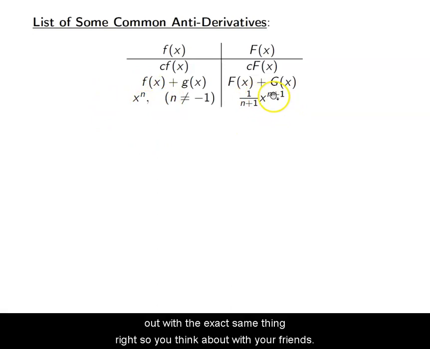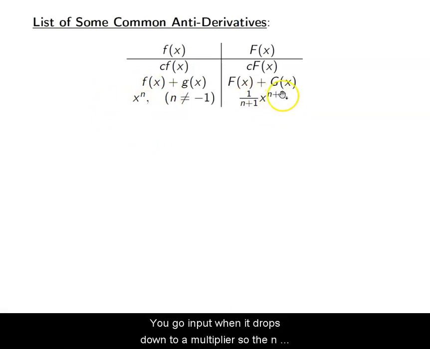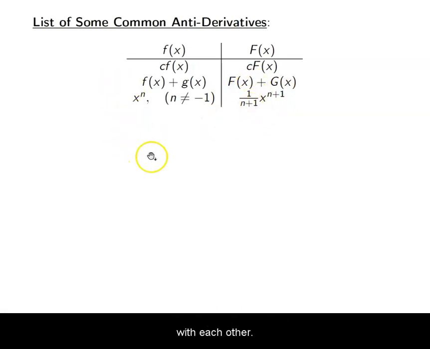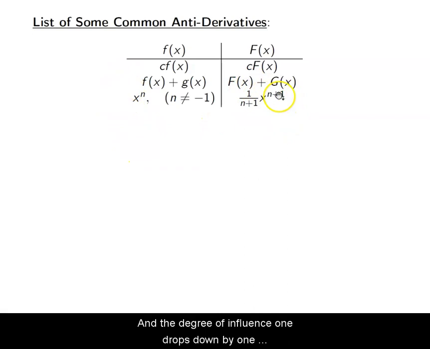So if you think about differentiating this, n plus 1 drops down as a multiplier. So the n plus 1 over n plus 1 cancels to 1. And the degree of n plus 1 drops down by 1, which will give you n. So it should make sense that if you differentiate this, you end up with this, which means that this function is the antiderivative of this, right?